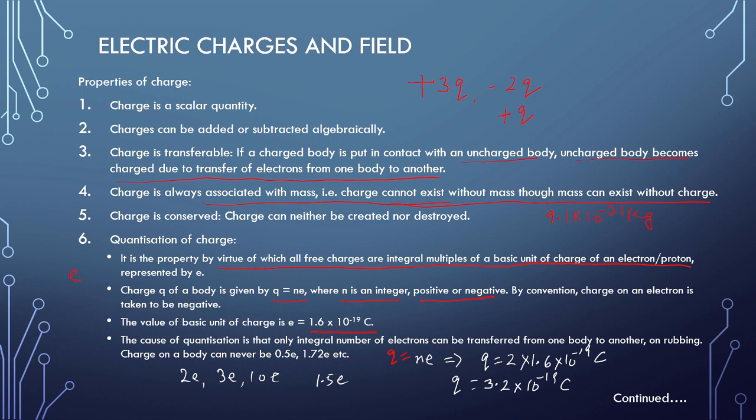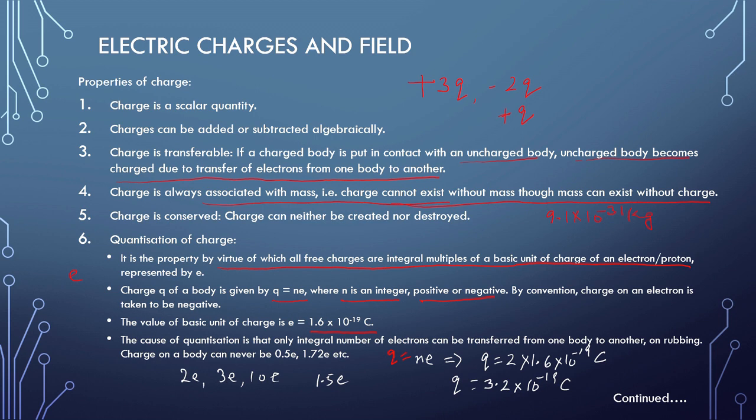No, because an integral number of electrons are being transferred. That is why the charge on a body can never be 0.5e, 1.72e, or 1.75e. Charges can be transferred in an integral number of electrons only.